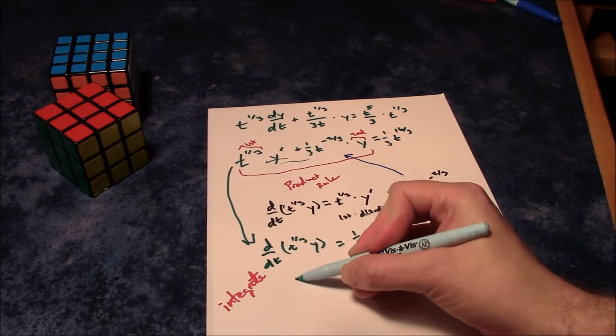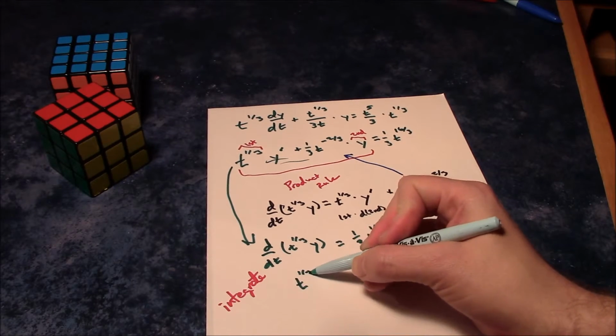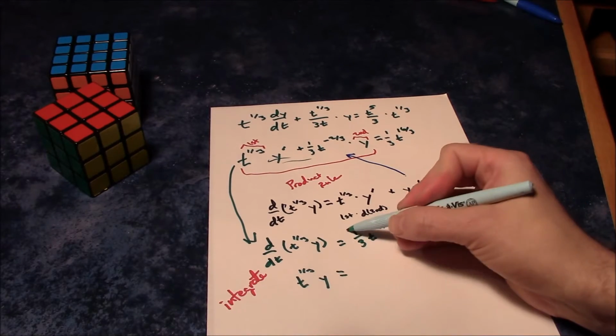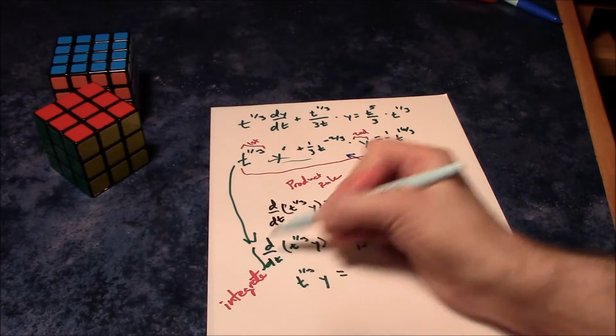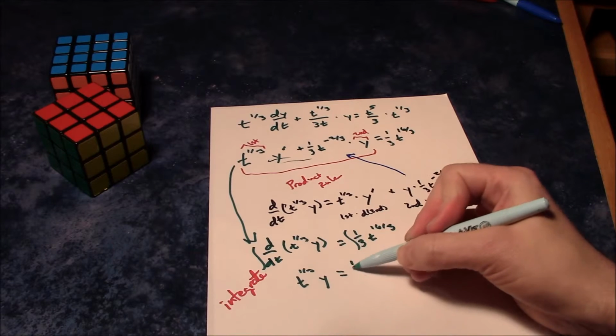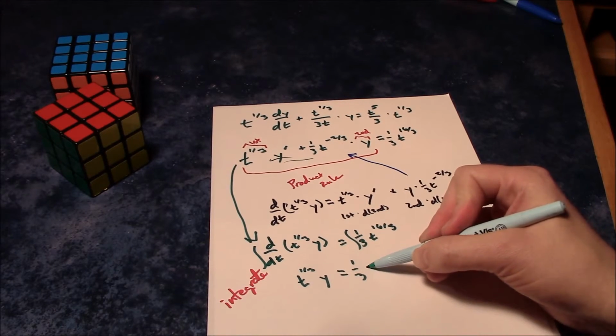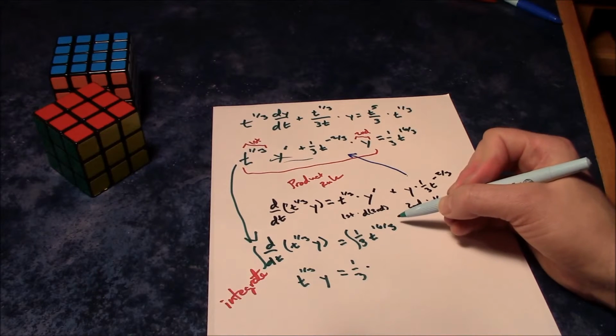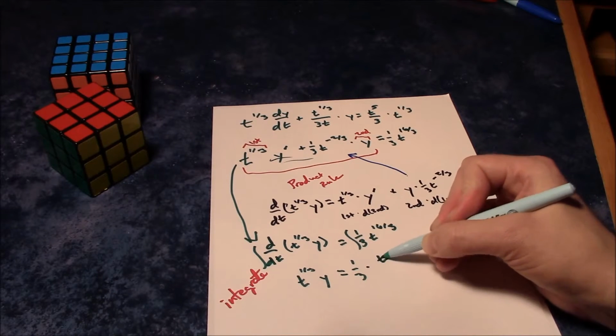So you'd be left with t to the 1/3 times y equals the integral of this guy over here, 1/3 times t to the 16/3 plus 1, which is 19/3, divided by 19/3.